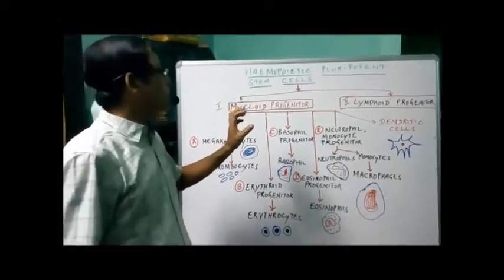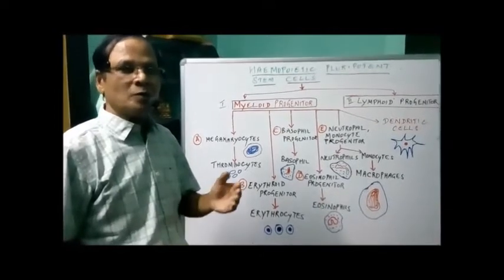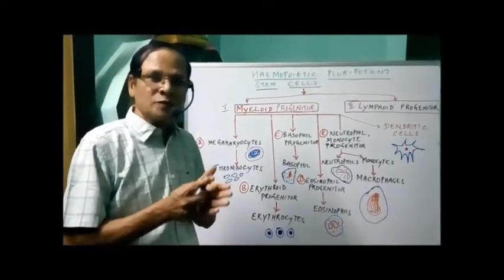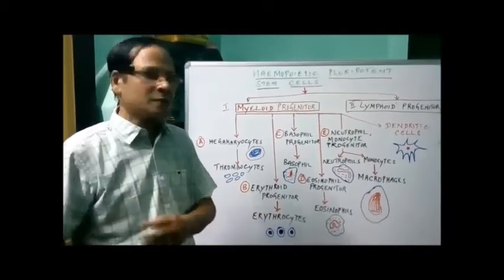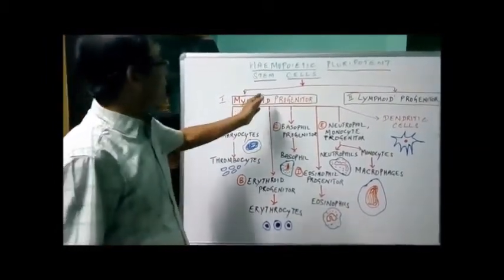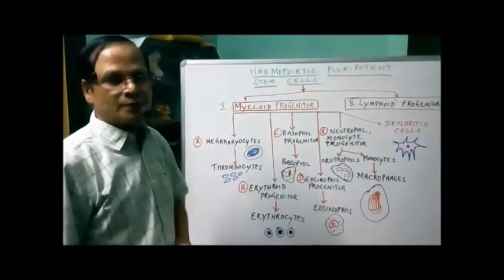Now, the hemopoietic pluripotent stem cells are found in the bone marrow. They give rise to different types of stem cells and then finally the cells.